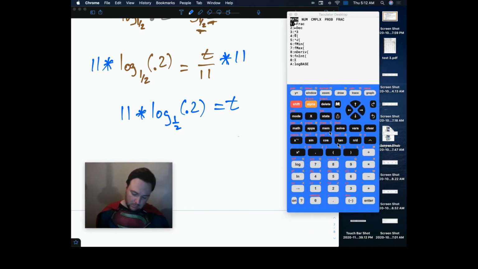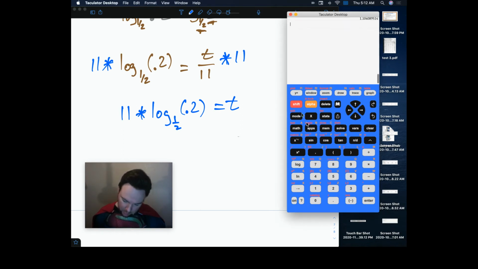All right, I have to move myself. So what you can do here is first clear. I do believe it's under math. I gotta pull this thing closer to me. Math.